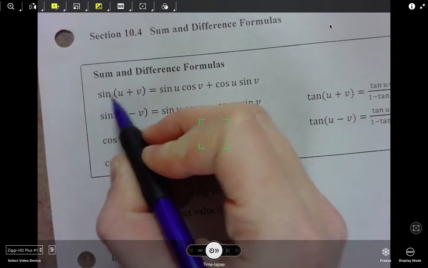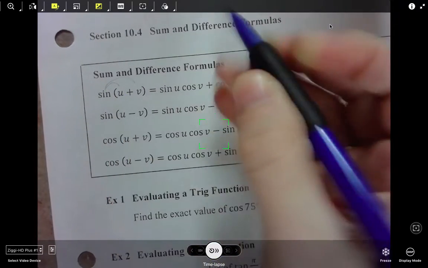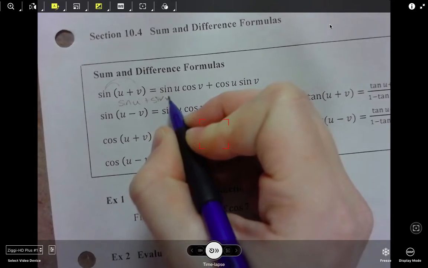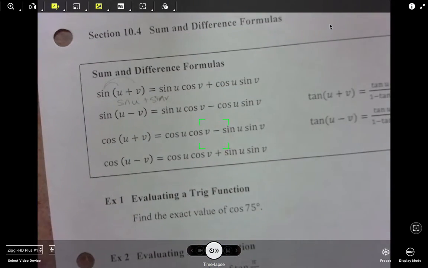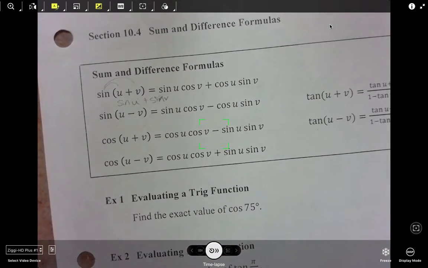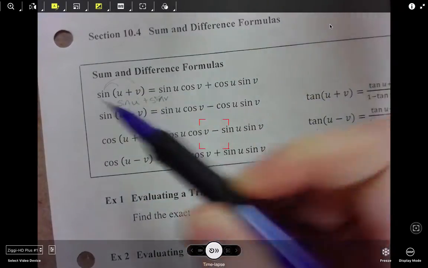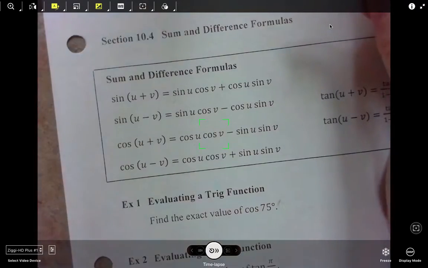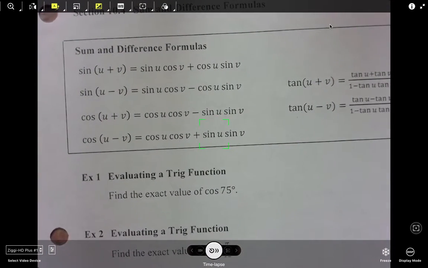So like sine of u plus v, you can't just multiply the sine through and have sine of u plus sine of v. It doesn't work that way. This sine of u plus v actually comes out to be a lot more involved than just sine of u plus sine of v. So the distributive property does not work for any of these. The formulas are a lot more intricate than that.